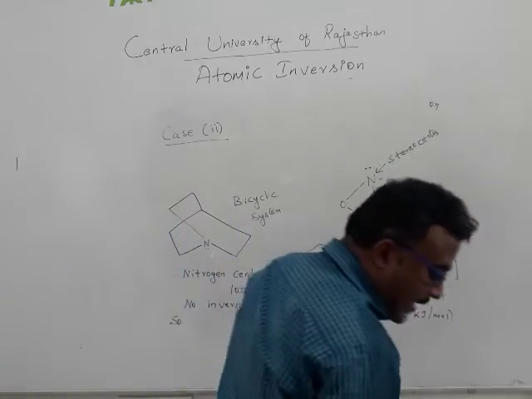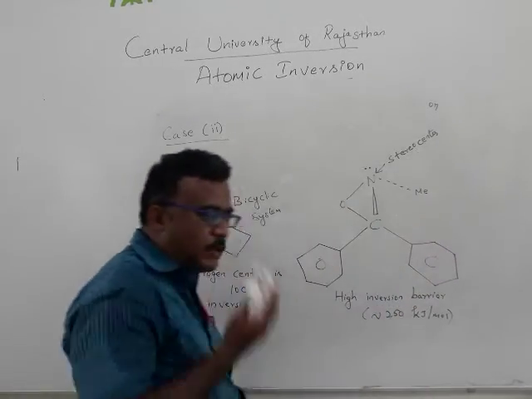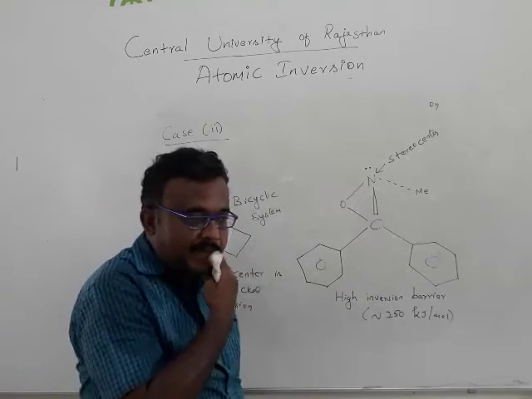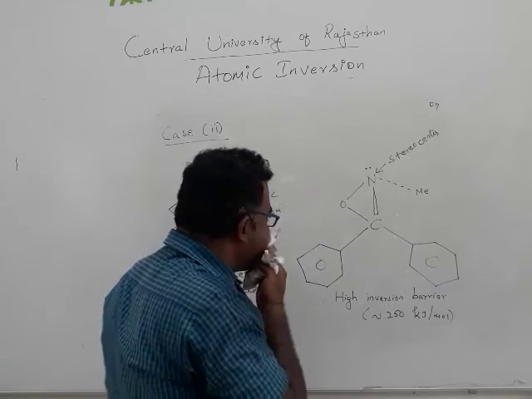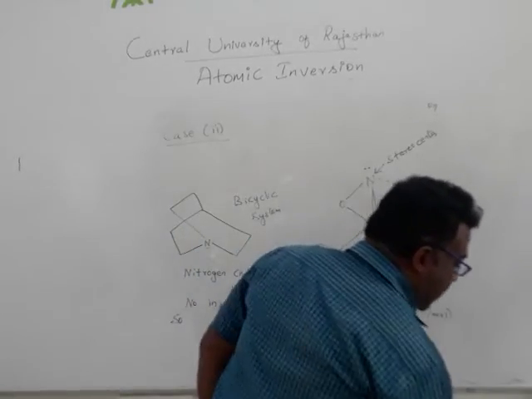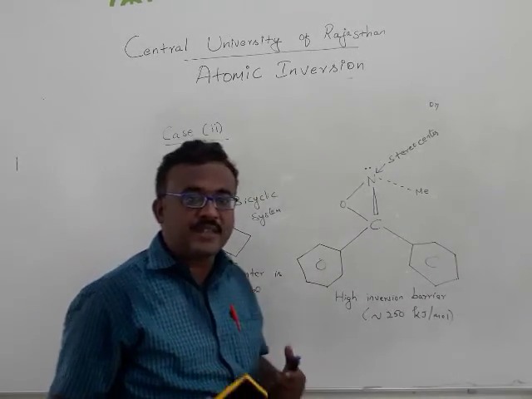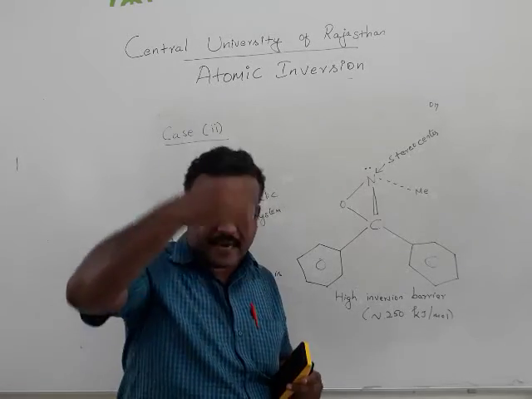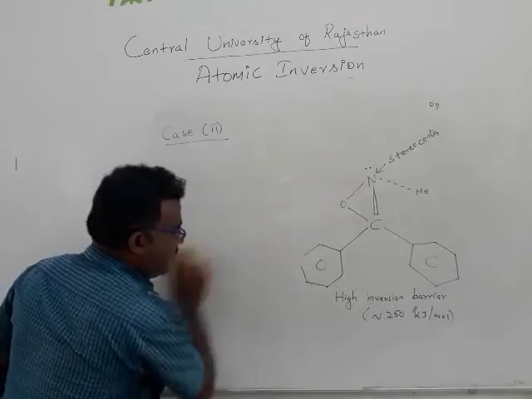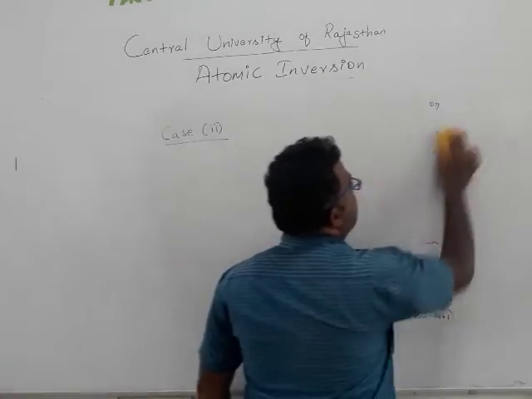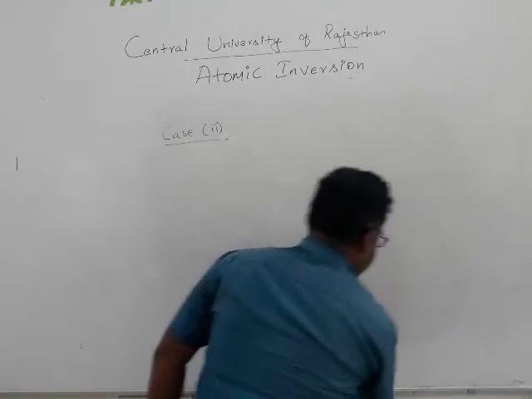Okay. So finally, we can compare with other kinds of pyramidal molecules in the same row as well as just below in the periodic table. What will happen to the inversion barrier energy?